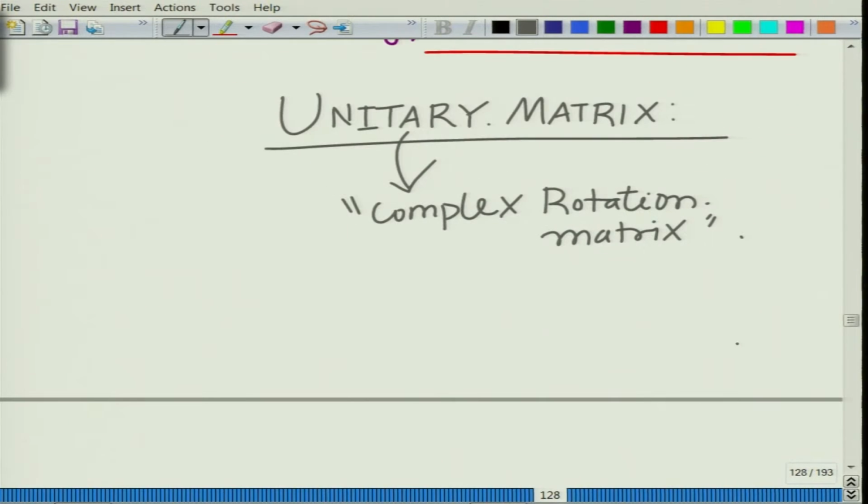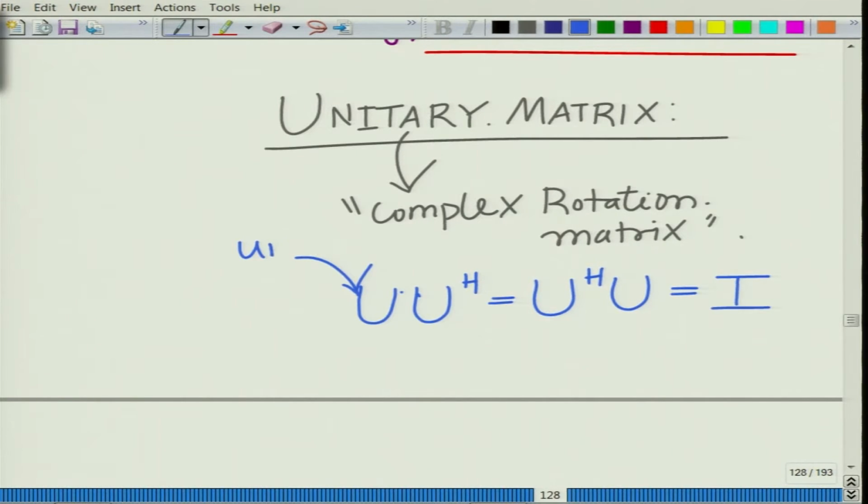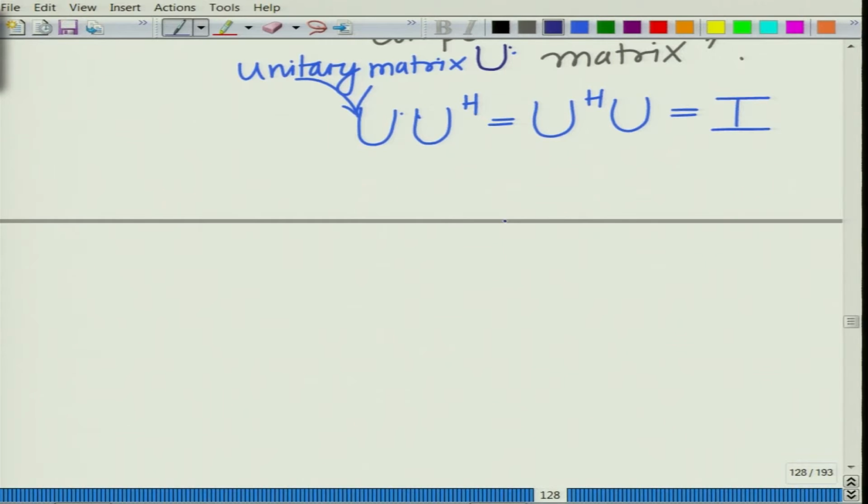This is a complex rotation matrix which satisfies the property: since R transpose R is identity, for the unitary matrix U, I replace the transpose by the Hermitian, so U Hermitian U equals U U Hermitian equals identity for any unitary matrix U.